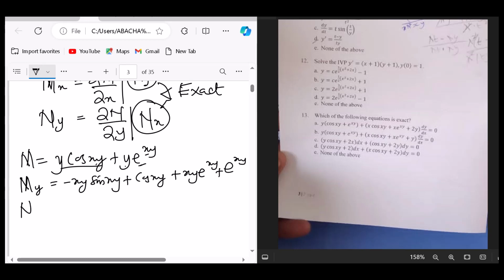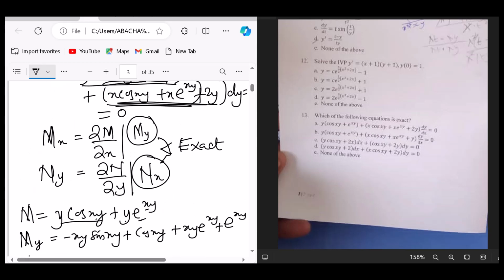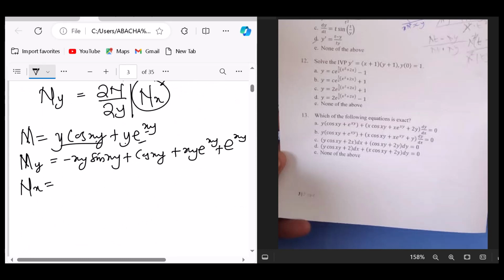And if I take the N of x, the N is, let me write it down first. X cos xy plus x e power xy plus 2y, like this. So differentiating this with respect to x, then I will just have negative xy sine xy plus cos xy.